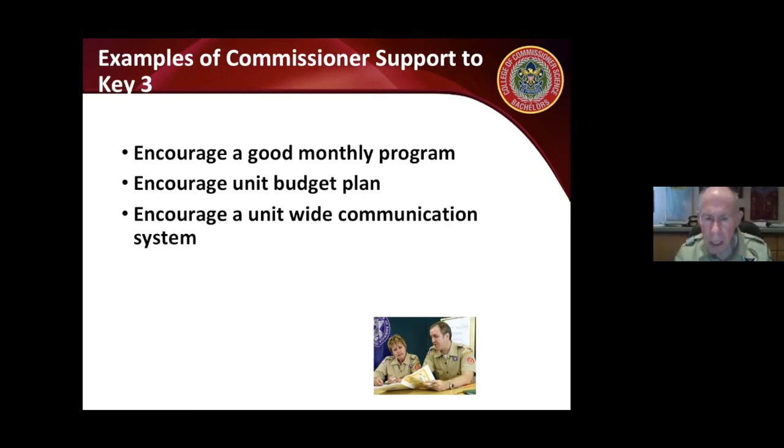And the bottom line is the individual scout and family needs to feel that they are important, that they are recognized, and that the leaders are interested in that particular scout.